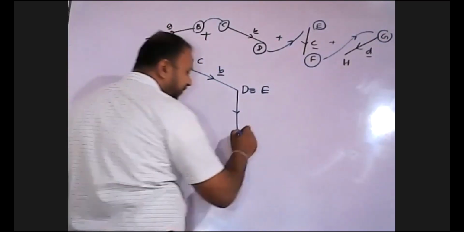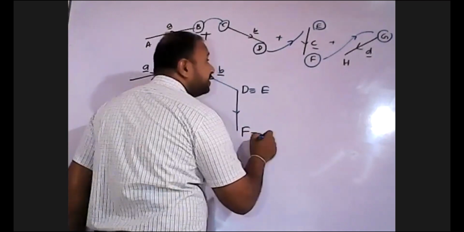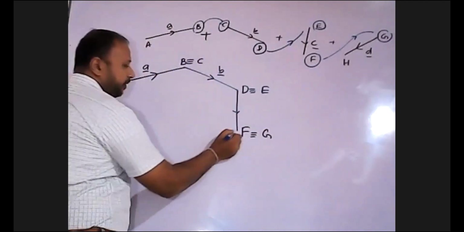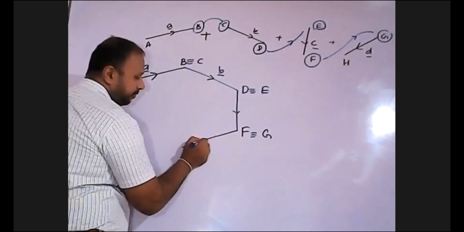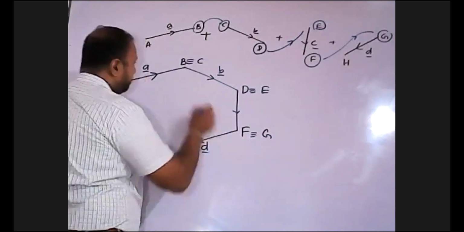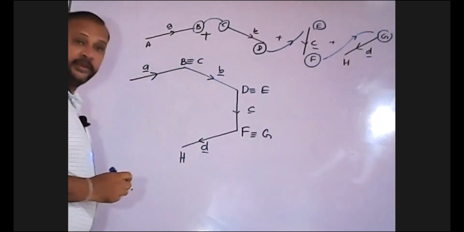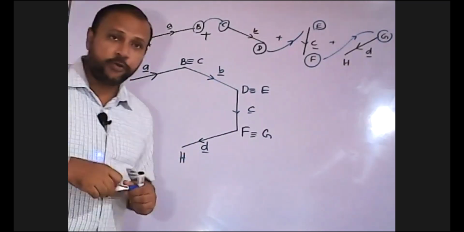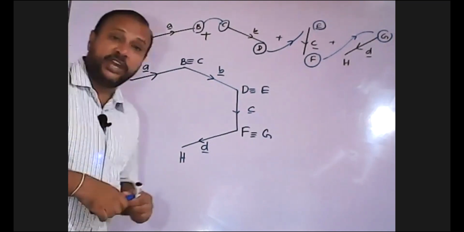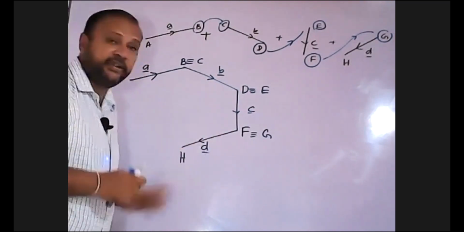That means F has to coincide with G. Then you will have this one: A, B, C, and D. This is H. Now you have coincided each and every vector until the end vector.